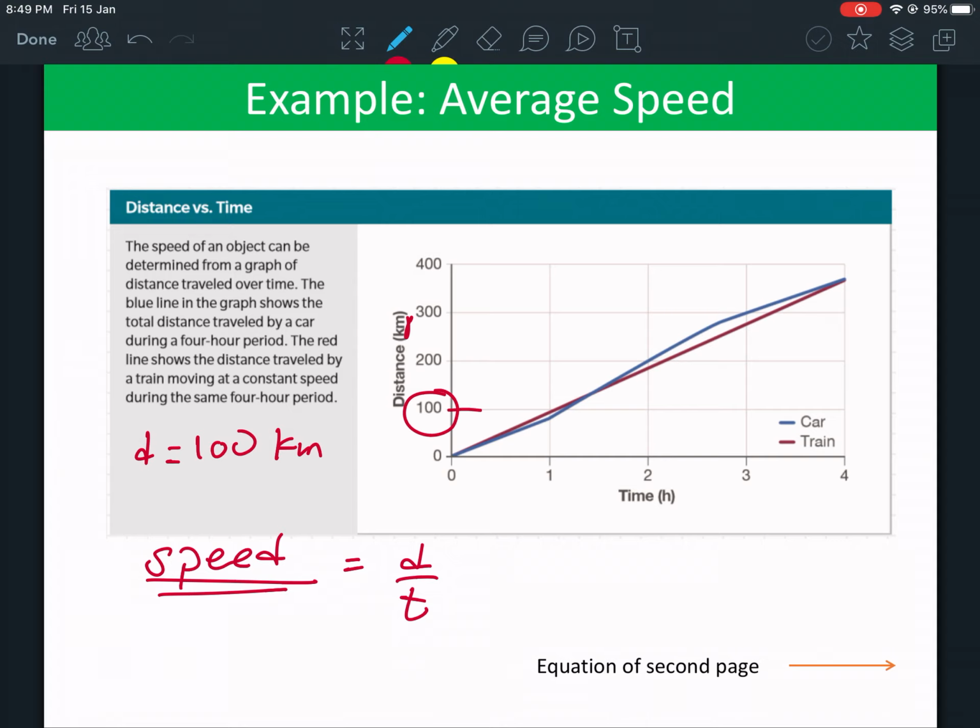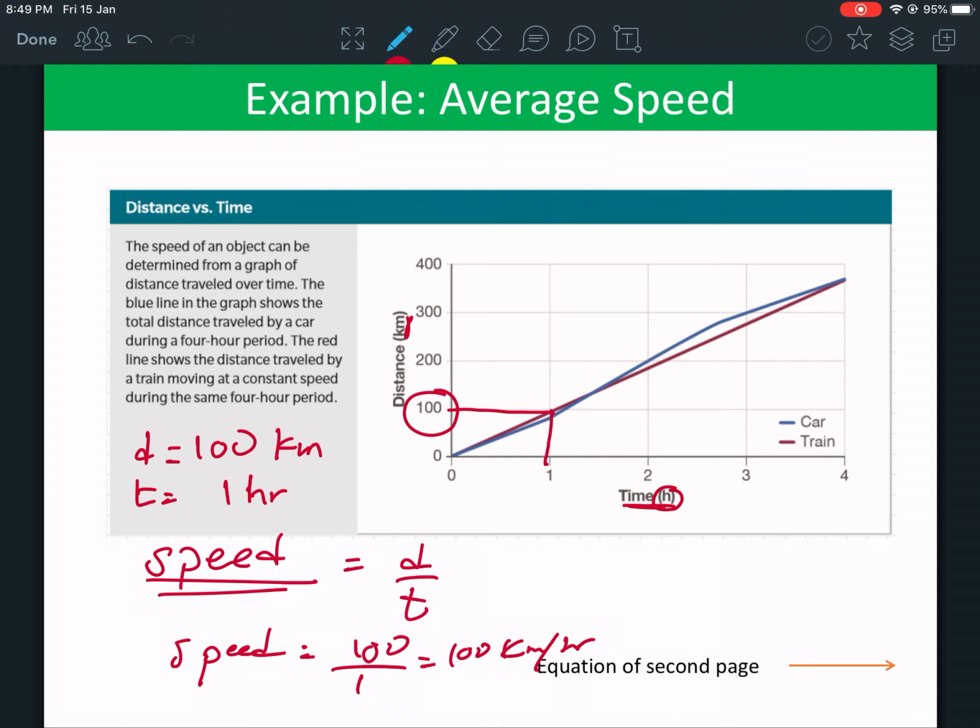The time is right here and it's in hours. So at 100, time is equal to 1 hour. So speed would be 100 divided by 1, which is 100 kilometer per hour. And this is the train, because it's the red one. The car is different. The car is the blue line.